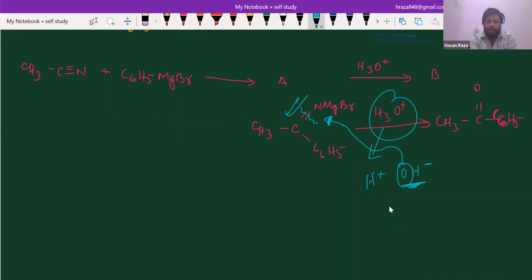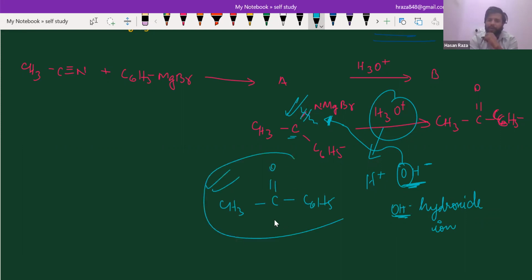From this OH minus hydroxide ion, oxygen will satisfy the carbon bonds. Since this bond will be broken, you can see this is a double bond. If it is broken, oxygen will go and satisfy this carbon, and in this way a ketone will be formed.